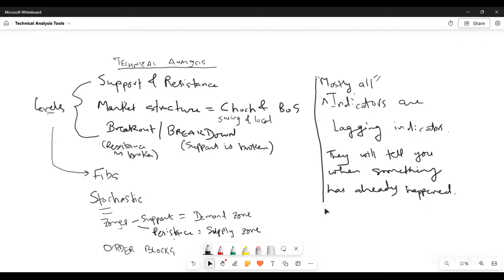But this is pretty much my way of doing technical analysis. Like I said, Fibs, Stochastic and MACD are a couple of the indicators that I use, but they normally are for confirmation. I look at levels first. I wait for the price action to come into those levels.